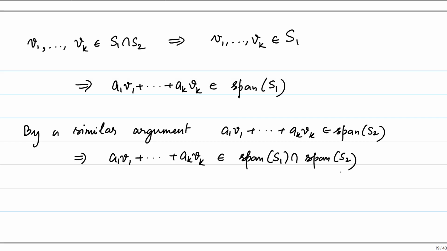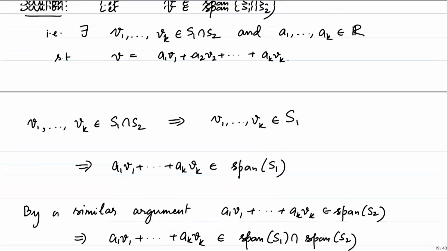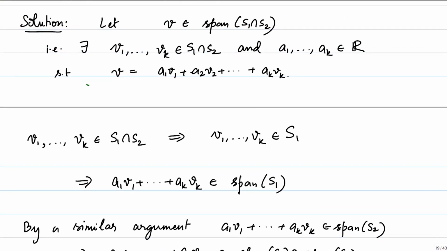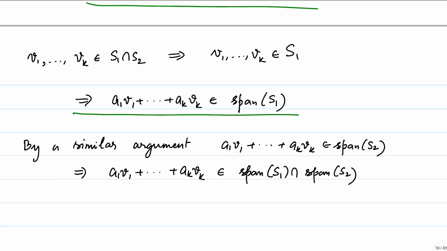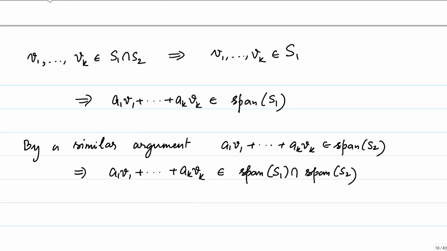So we used two aspects here. The one I am underlining in green was because V is in the span of S1 intersected with S2, and therefore there exist some A1, A2 up to Ak such that V is a linear combination of V1 to Vk. And the other one follows because every linear combination of V1, V2 up to Vk, which are in S1, should also be in the span of S1. So both the aspects are being used to establish this proof. But that's precisely what we wanted, right?